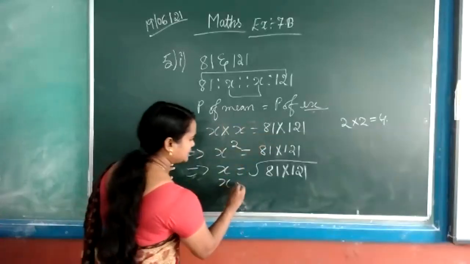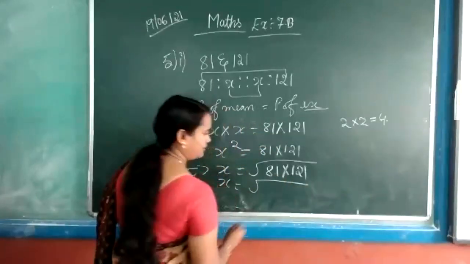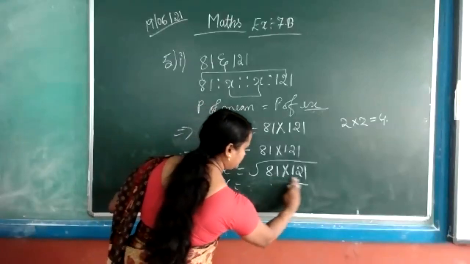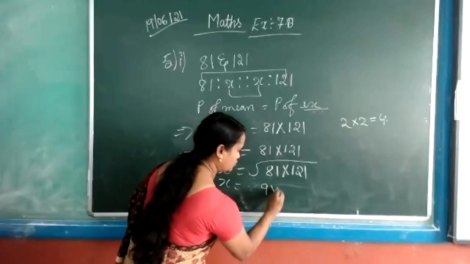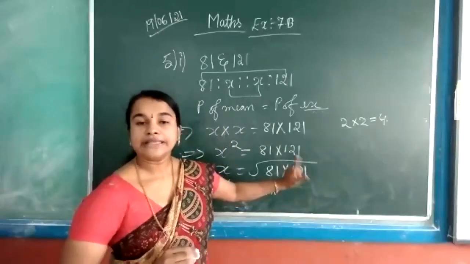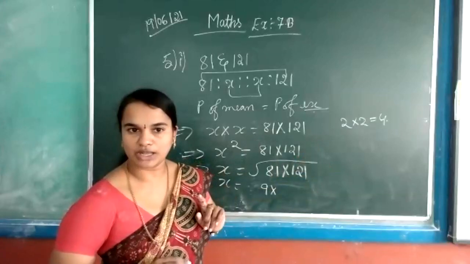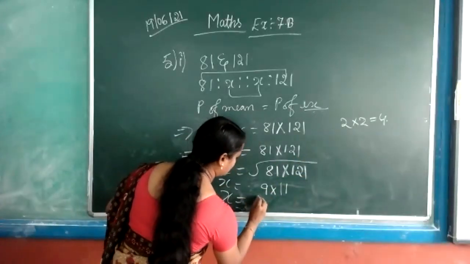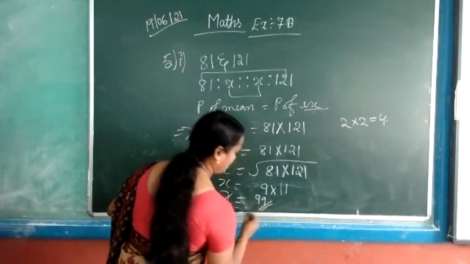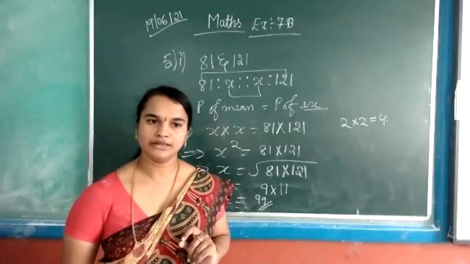So x equals under root 81 into 121, remove the root, finding the square roots: 9 into 11. 11 11s are 121. So we will get the value of x equals 99. Clear? Understood?